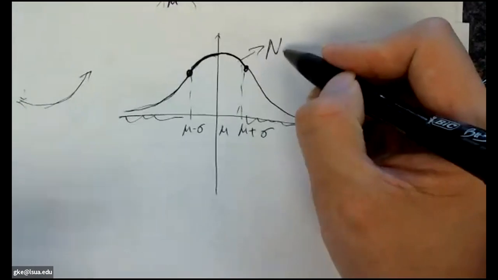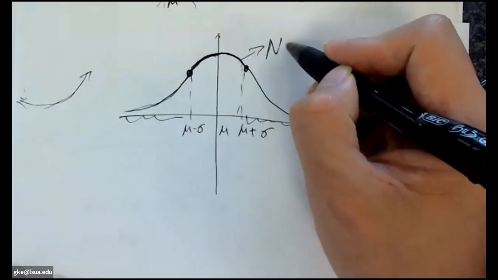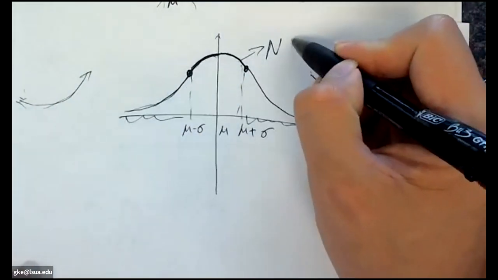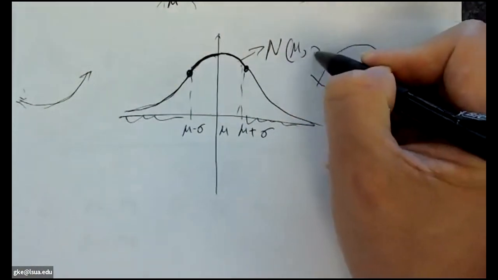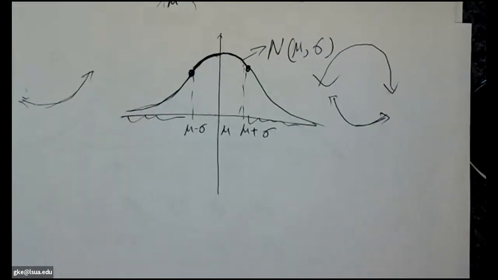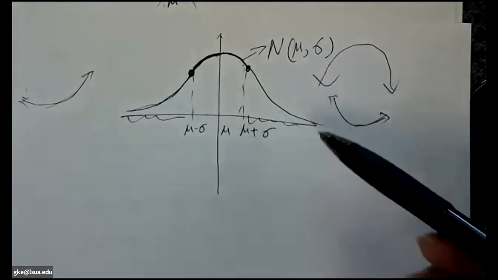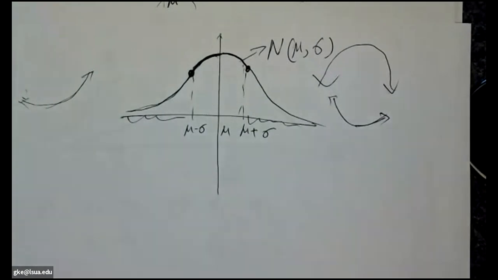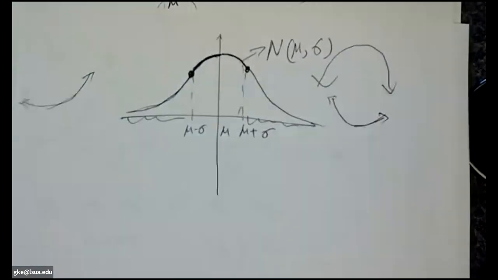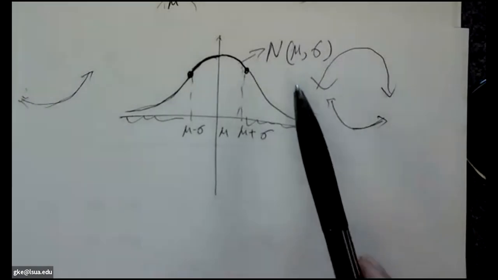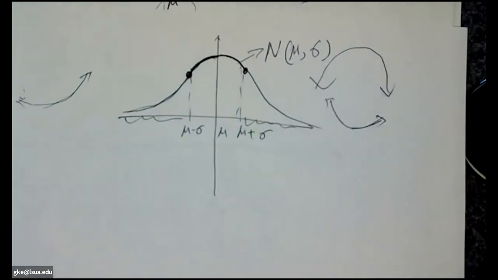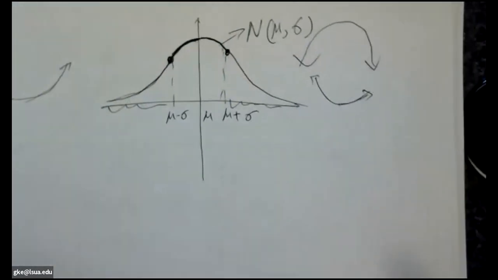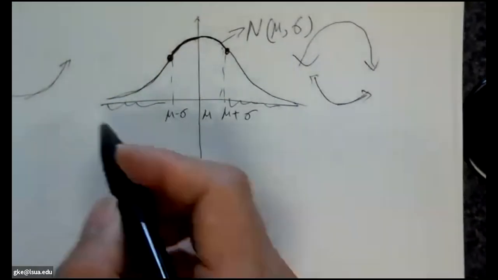We use the notation N to represent the normal distribution, and normal distributions usually have the mean value and standard deviation sigma. This notation tells you what the mean is and what the standard deviation is.